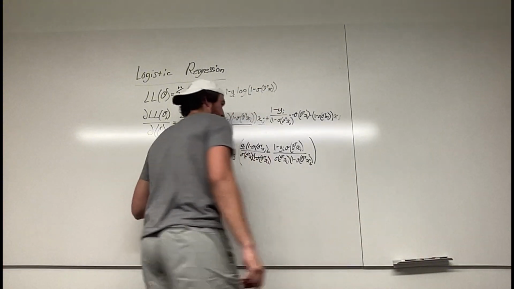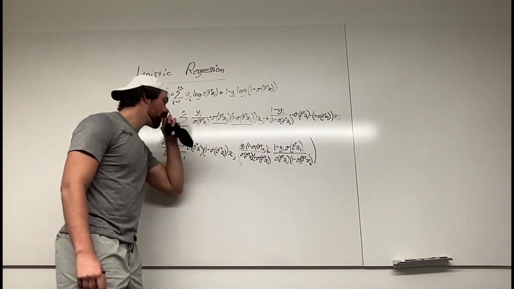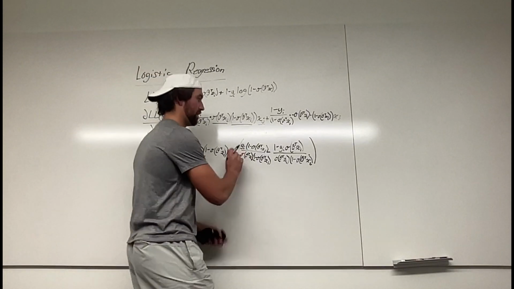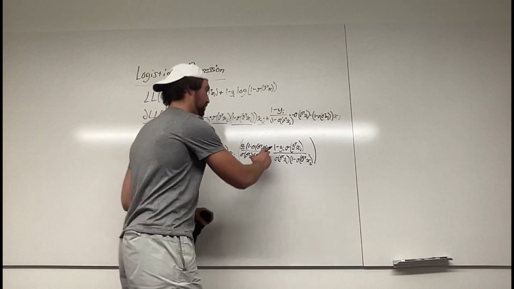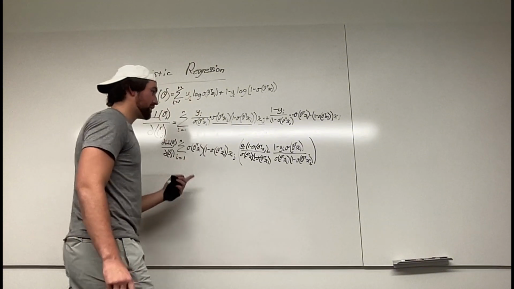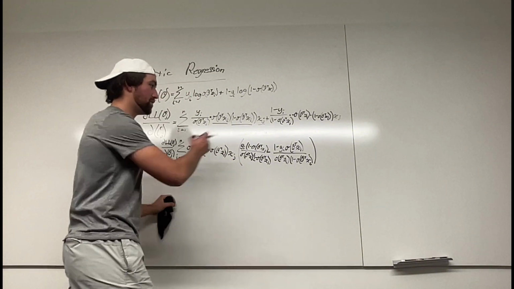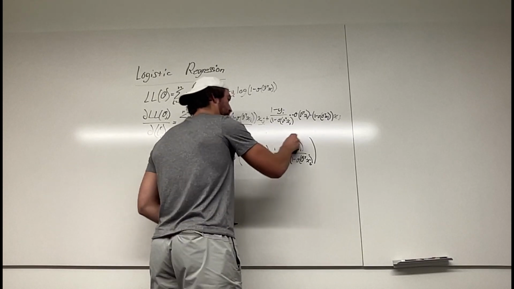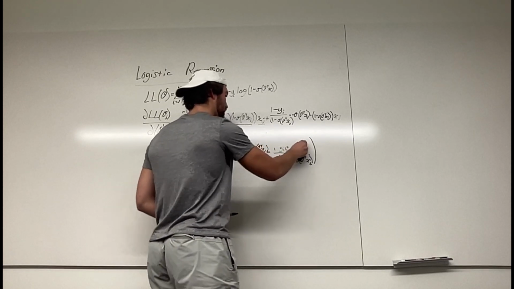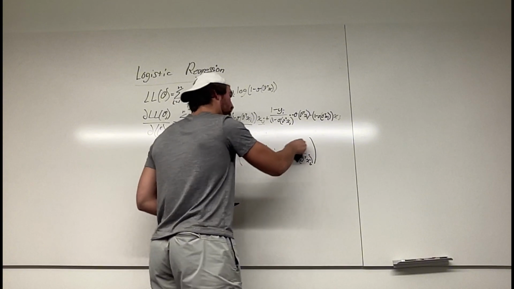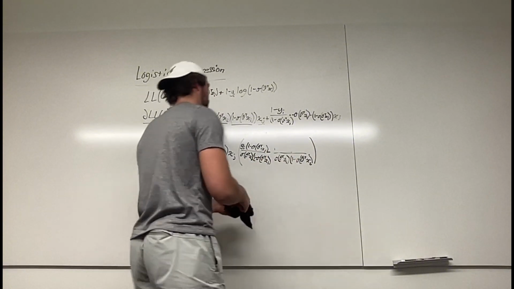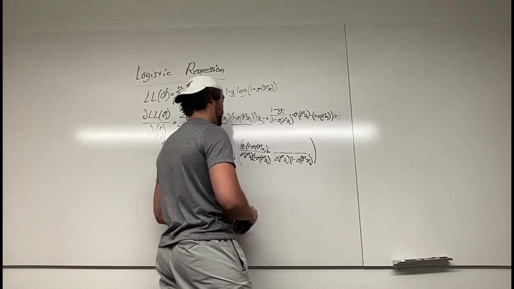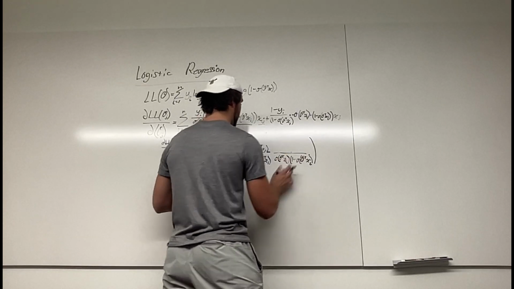We're getting somewhere. Now we can subtract these two, but I don't want a super large numerator with this operation. So we're first going to distribute within each numerator to make the subtraction a little easier. That was 1 minus, if you remember correctly, 1 minus yi times sigma of theta transpose x.